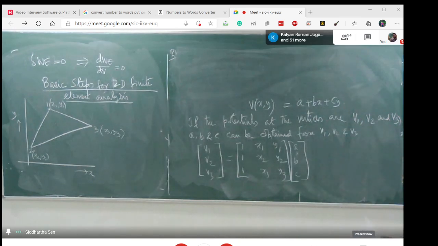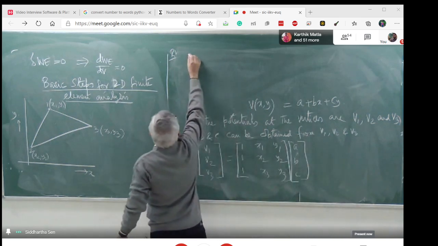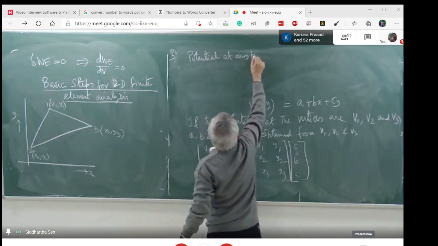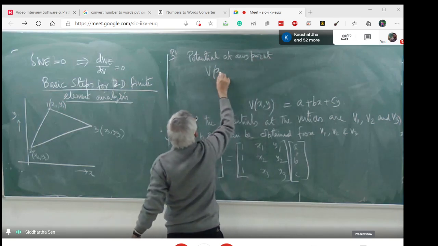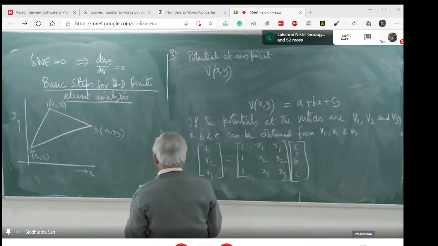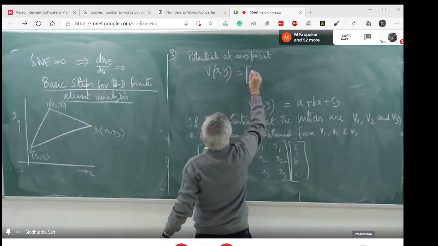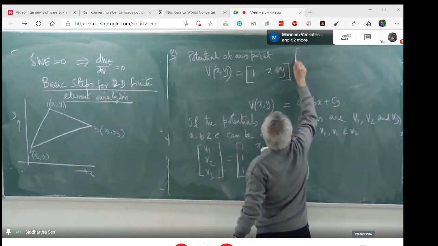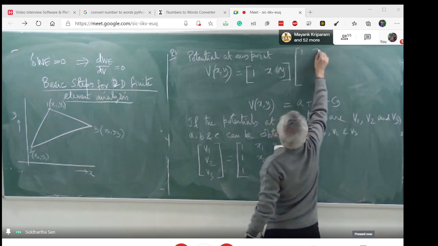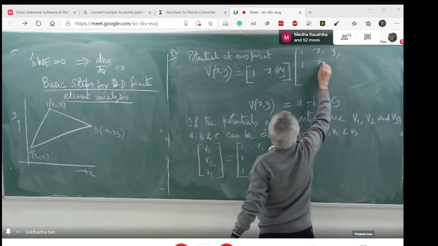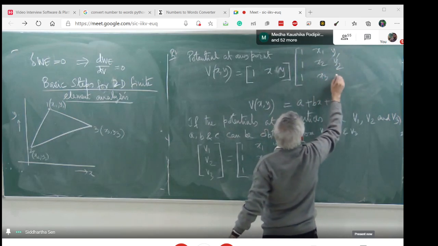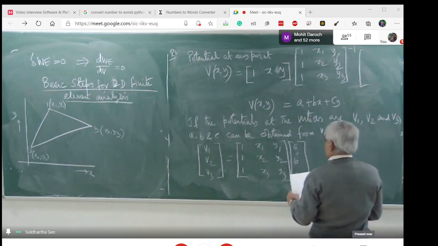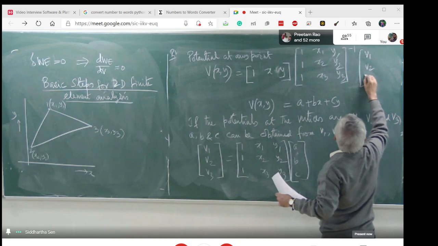The potential at any point on the triangle, V of x, y, we know the coordinates of that point, is equal to 1, x, y, times the matrix 1 x1 y1, 1 x2 y2, 1 x3 y3, inverse, and then V1, V2, V3.